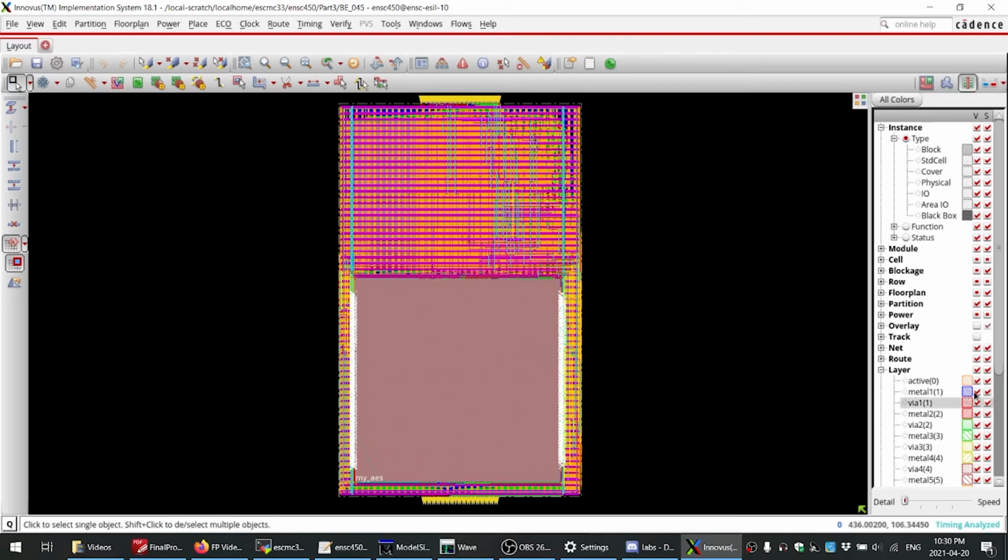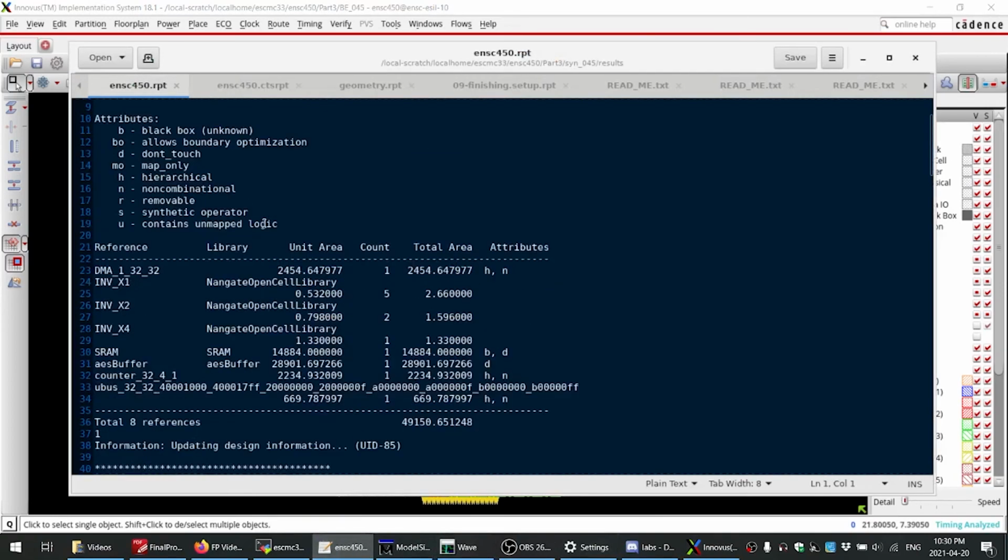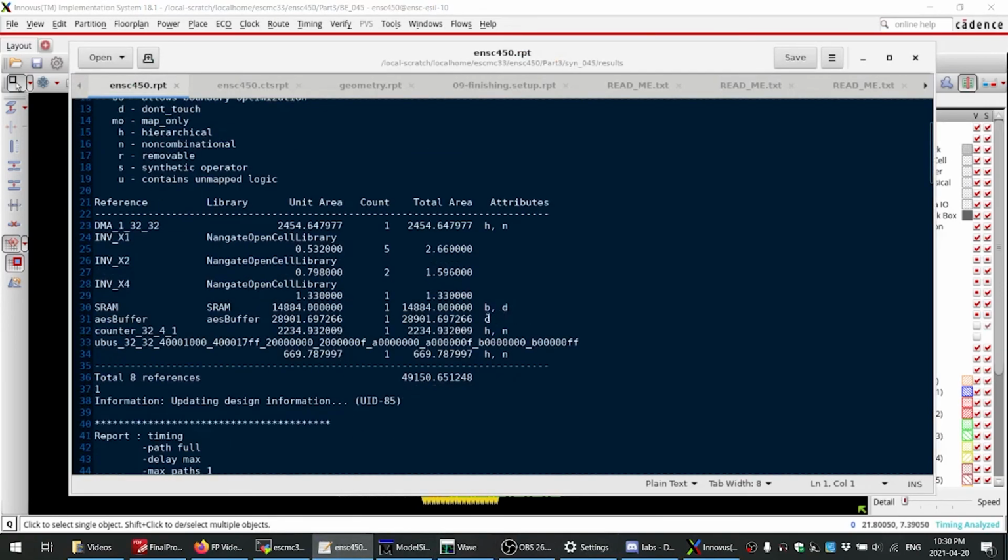So as we can see here, the SRAM and the AES core are both implemented as hard macros.